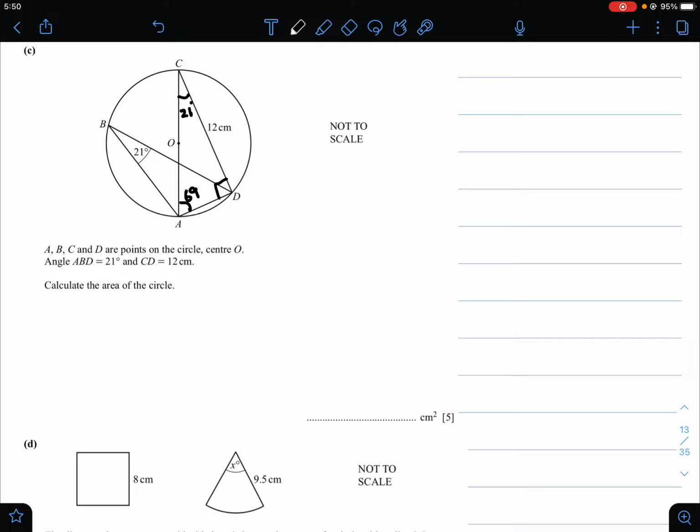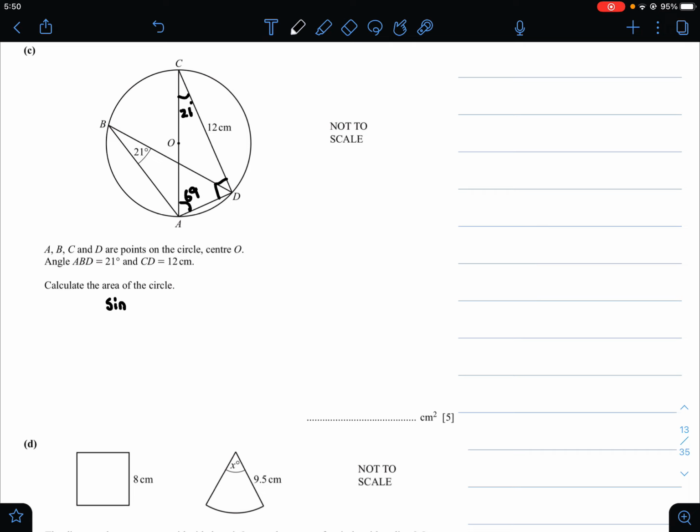Now, to calculate the area of the circle, we need to know the radius, and CA is the diameter of the circle, and if you take half of CA, it will be the radius. So let's find CA first. How you do that is, you use the sine rule in this case.